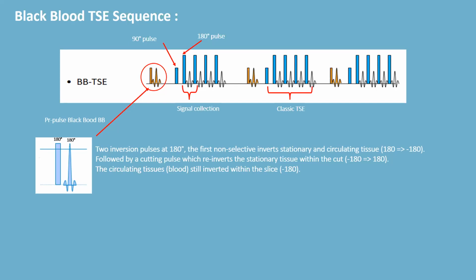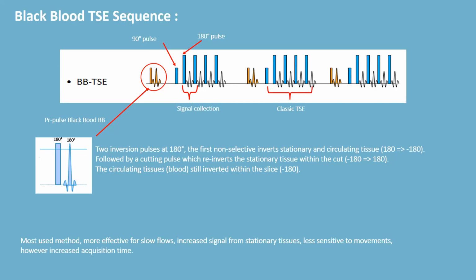This is the most used method, more effective for slow flow. We can have an increased signal from the stationary tissue, less sensitive to motion. However, the acquisition time is also increased, of course.